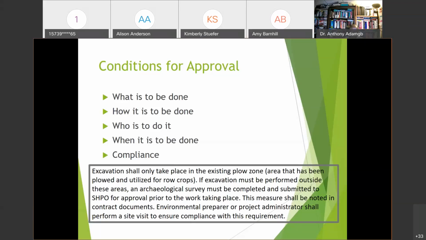This should be put in the contract documents, and the environmental preparer or the project administrator shall perform a site visit to check on this condition of approval. It's really important to emphasize compliance with the conditions of approval to check that these minimization, mitigation, and avoidance measures are adhered to. Next slide.